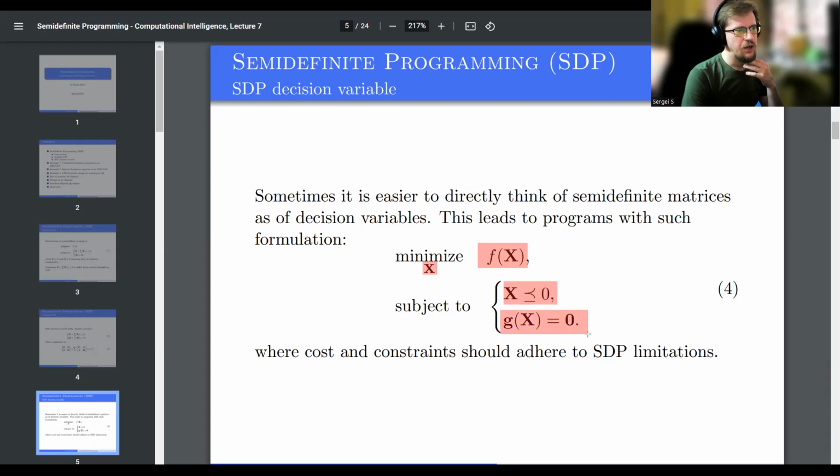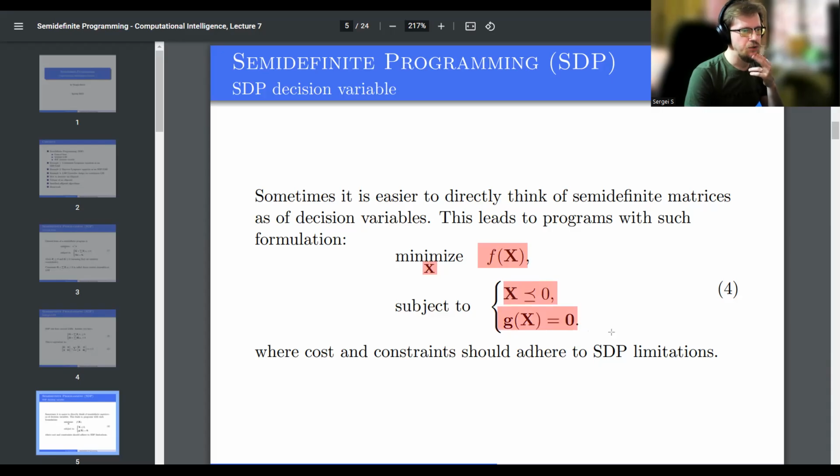By the way, I think this oversimplification was a little bit too much. What I should have written here is that some linear constraint is allowed to be negative semi-definite.